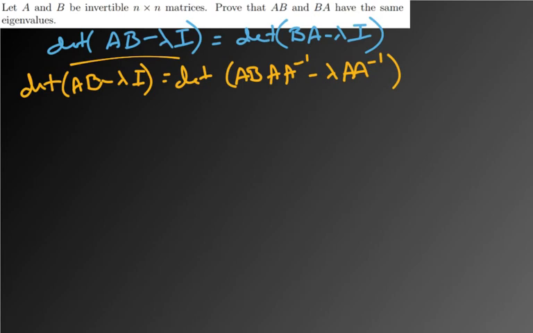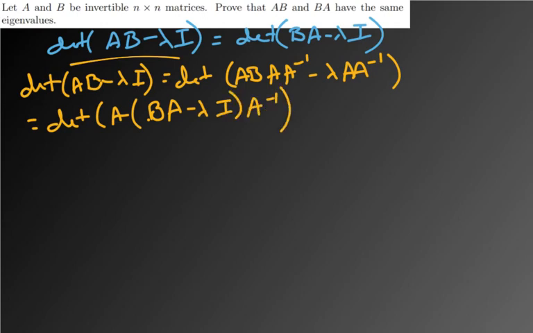So then this is the clever trick, I think. We are going to write this as the determinant of A times BA minus lambda I, and then A inverse. What I did there is I factored an A out on the left of this thing, and I factored an A inverse out on the right.